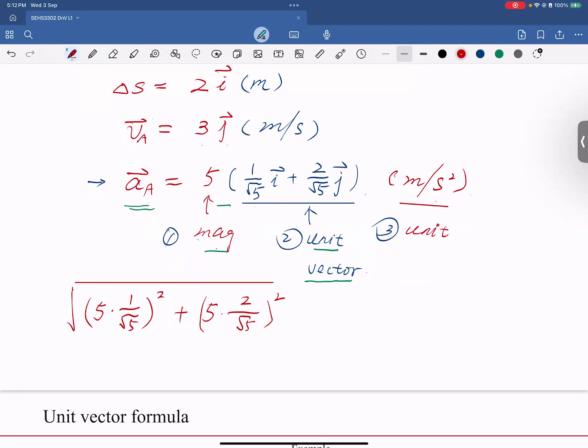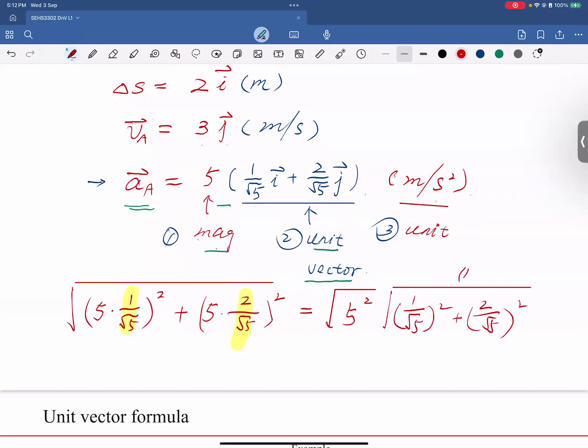You find what? I highlight this part from the unit vector. So it can be 5 squared, right? We put them apart, times 1 over root 5 squared plus 2 over root 5 squared.